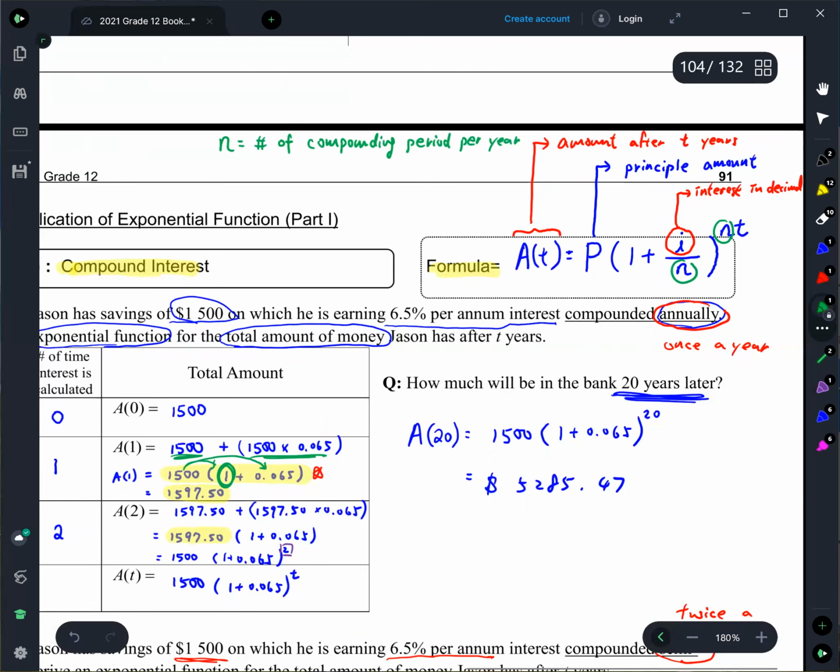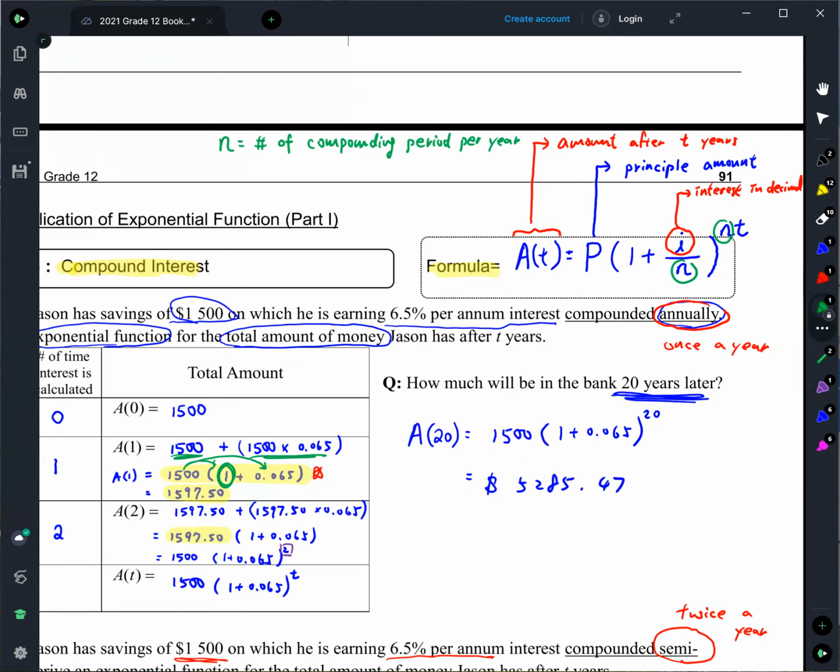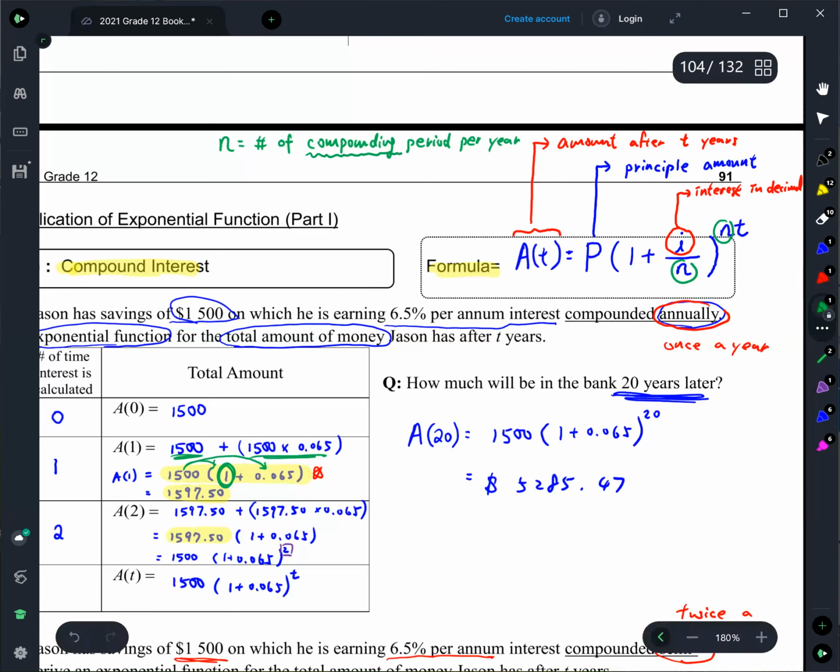Okay. Please raise your hand if you copied down everything. Then I'll explain what this means. Compounding period.